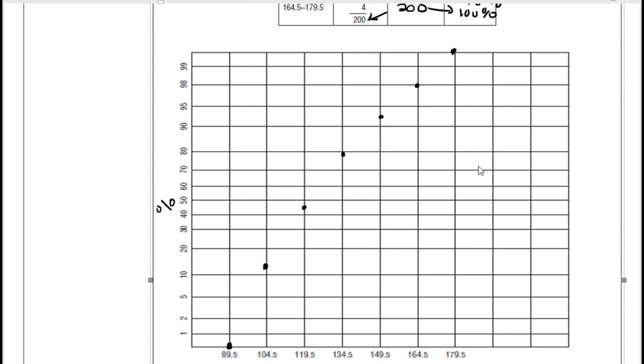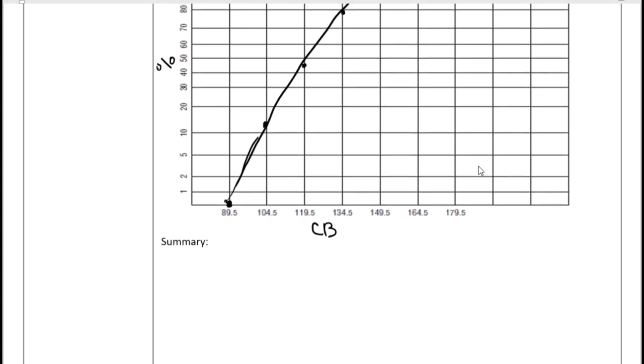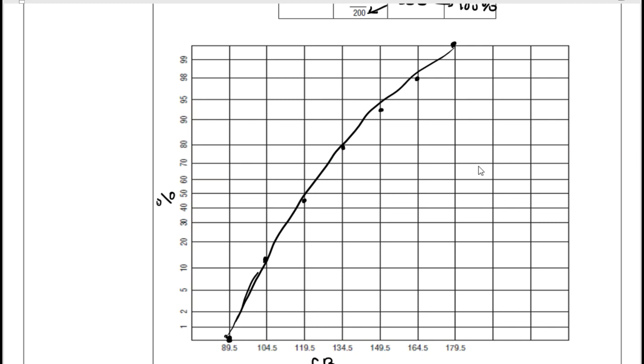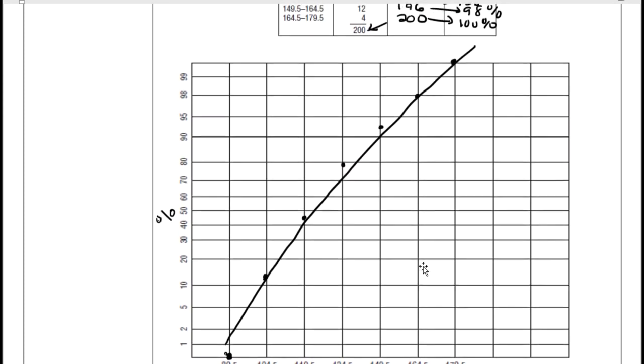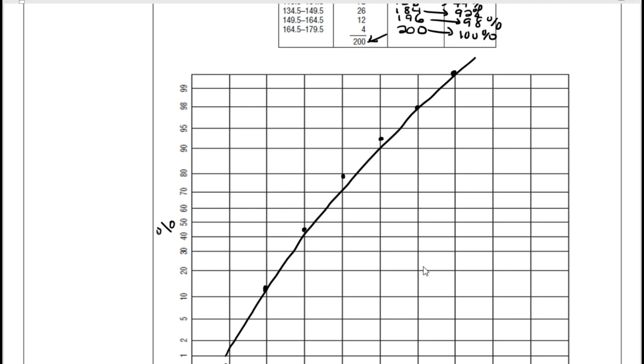All right, so if it looks like it's approximating a line, which in this case it does, it's not exact, but it kind of looks like it's approximating a straight line, then that means it's approximately normal.